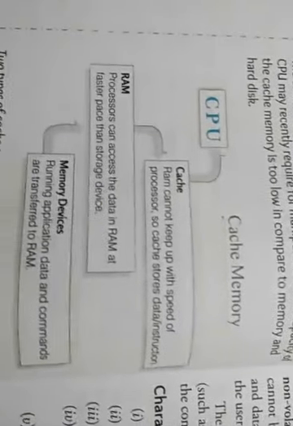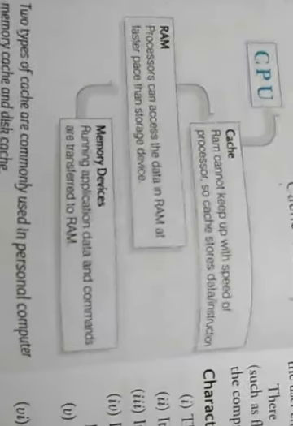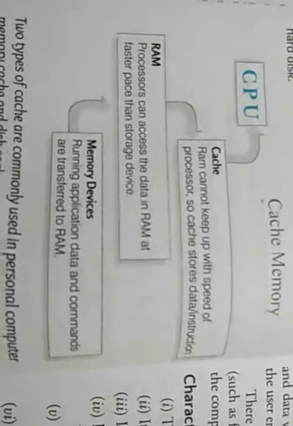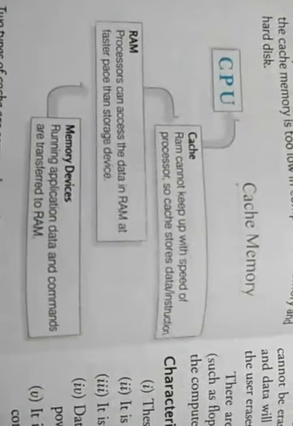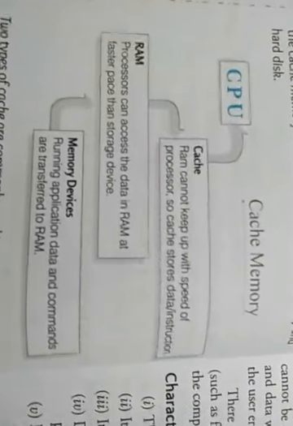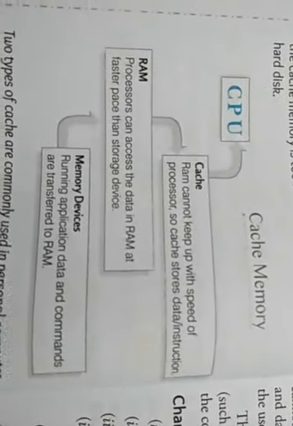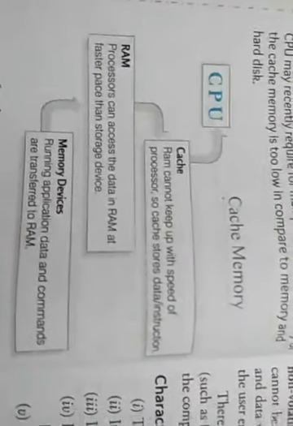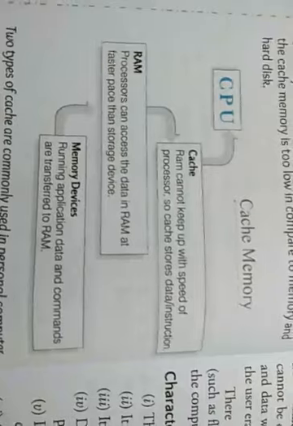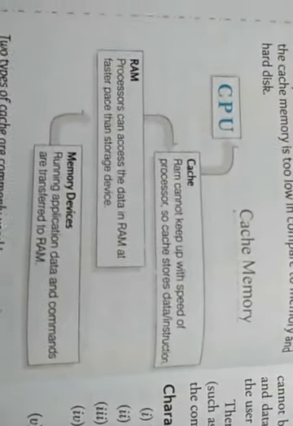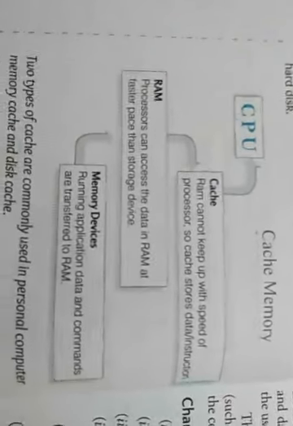You can see the diagram: the data is stored permanently, and when you open the file, this data first goes into the RAM, and when we are performing many operations on these files, the system will keep this file in the cache memory, so the speed will be fast because the speed of cache memory is high compared to RAM.